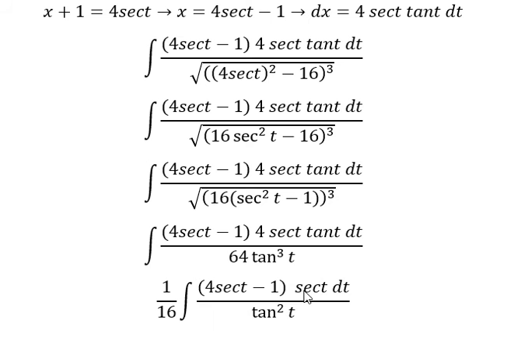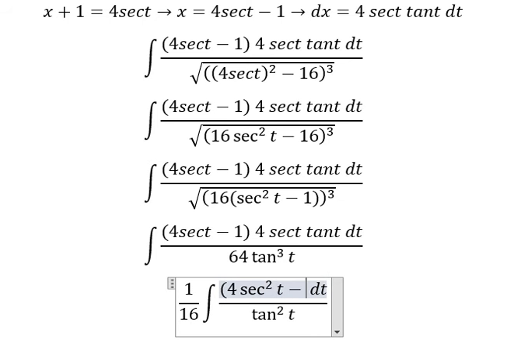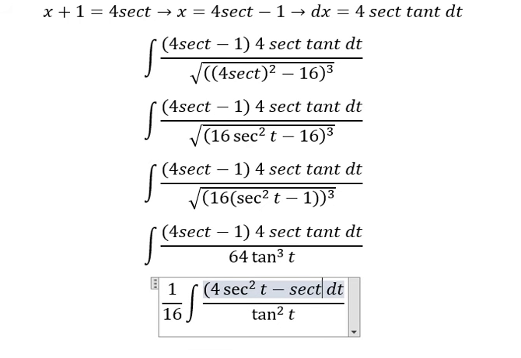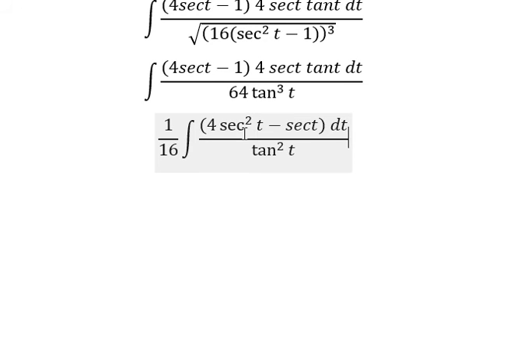And now secant of t multiplied by secant of t and number 1. Now we need to separate this one into two fractions.